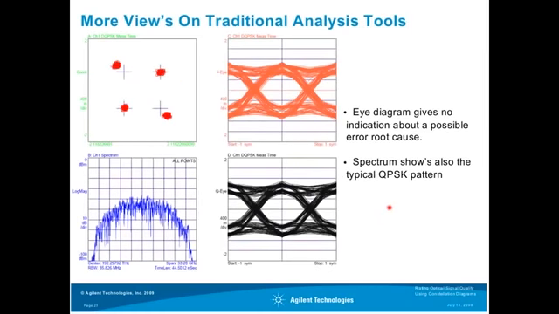Again, we look at the tools we already know. Here is again our constellation diagram with the ideal constellation points and the distortion. And we see here the eye diagram of the I part and the Q part. What we see is that the I has some jitter, the eye is not well opened, and you see there is something wrong.